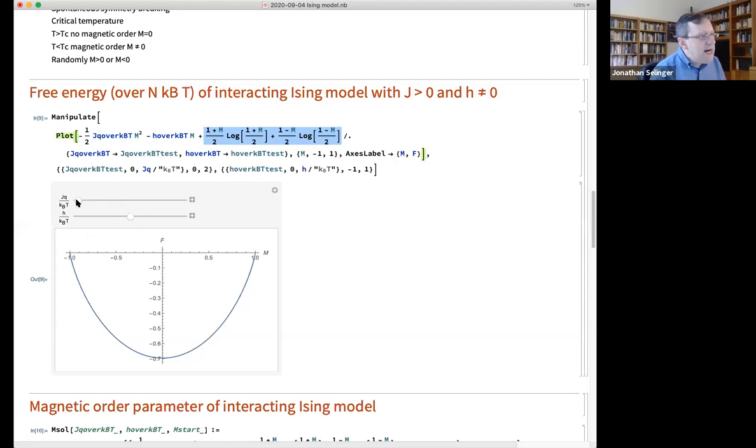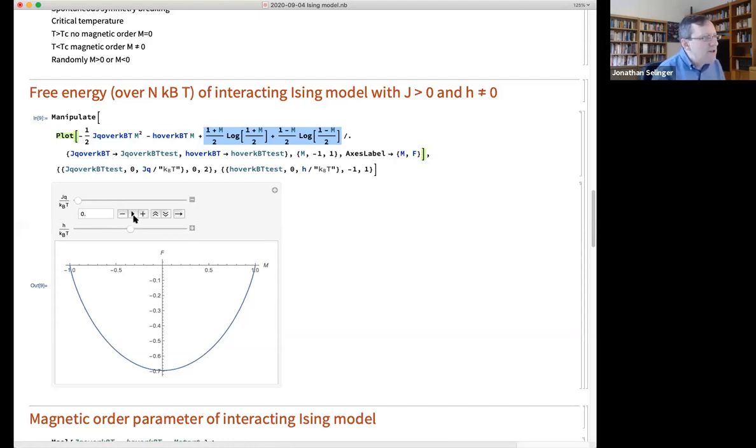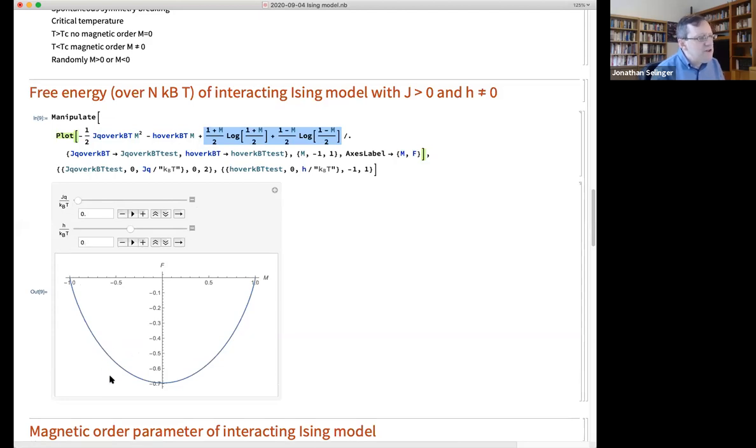So when we're at a high temperature, it means JQ over KT is really small. There, it's equal to 0, and the magnetic field is 0. Here, this is just the entropic part of the free energy, which looks like a parabola.